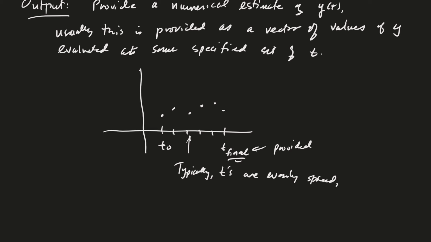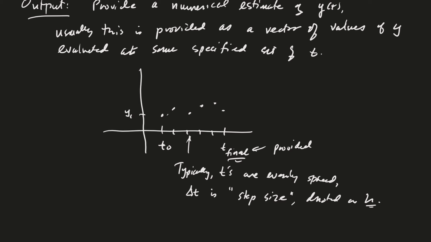And so the space in between, the delta t, is the step size. You'll see it referred to as step size. And we're going to use the notation h. That's kind of classic. Okay, and so what you're being provided then is a numerical approximation, right?